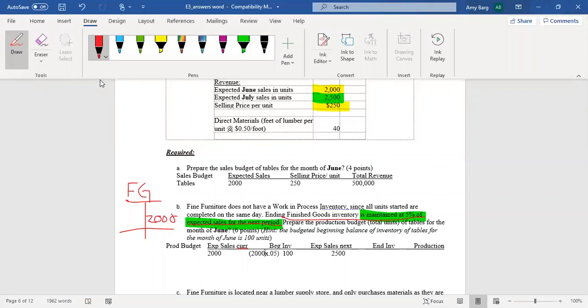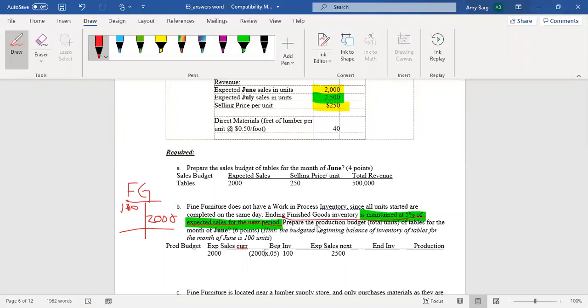And according to the way that they do this, we have to start with something. There has to be a beginning inventory somewhere. So that's why we do the 2,000. We're expecting to start June with 5% of what we expect to sell. So that should be a 0.